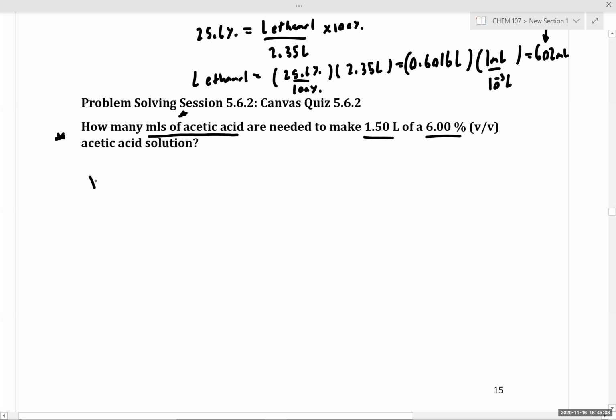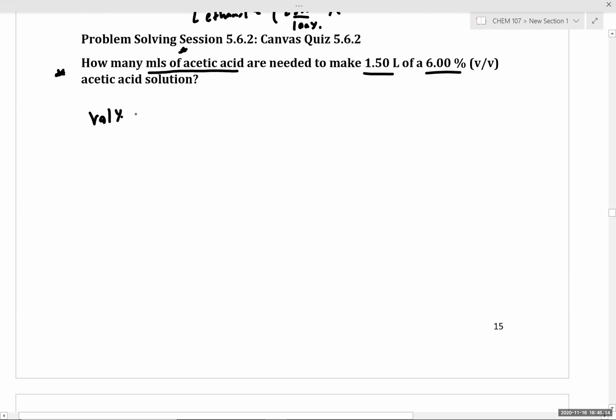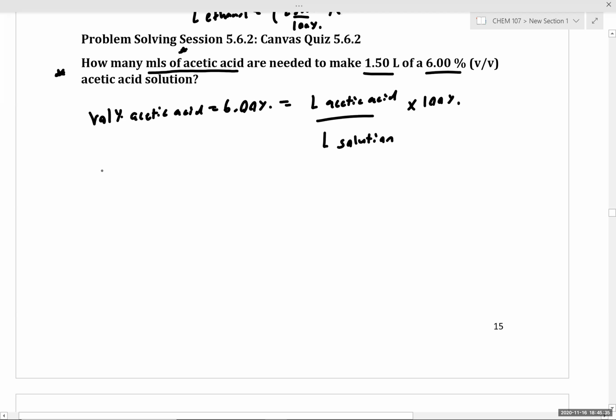Okay, so we know that for our volume percent, in this case the volume percent of acetic acid, which is equal to 6.00%, gives us the liters of acetic acid over the total volume in liters of solution times 100%.